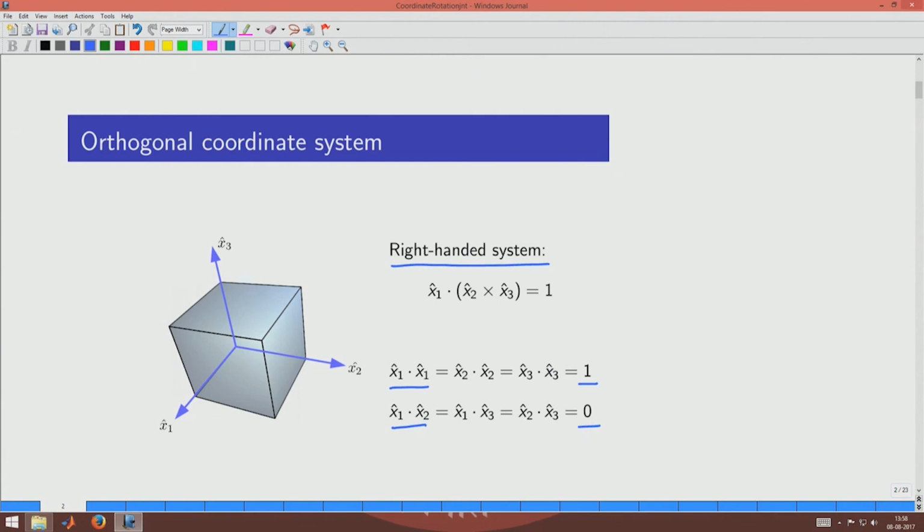If you get -1, then it would be a left handed system, and the value we get for the triple product of x1, x2, x3 tells us whether the unit cell has been normalized, with the three unit vectors being of magnitude 1 or not. We can choose these to be different in any other coordinate system, but in the Cartesian coordinate system, particularly the orthonormal xyz axes that we are very familiar with, we are going to use the definition here, with the three unit vectors normal to each other.